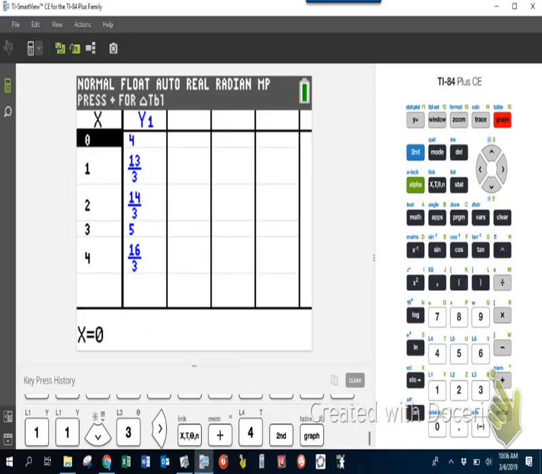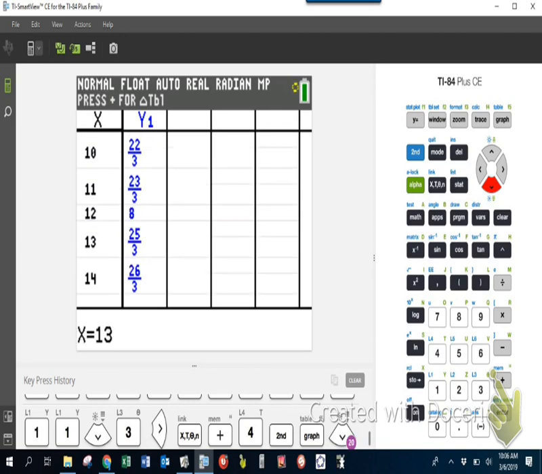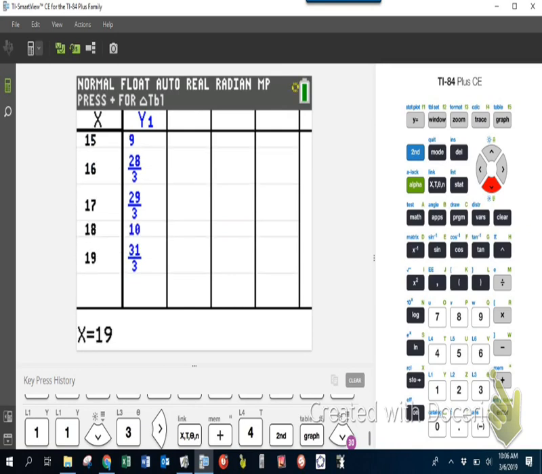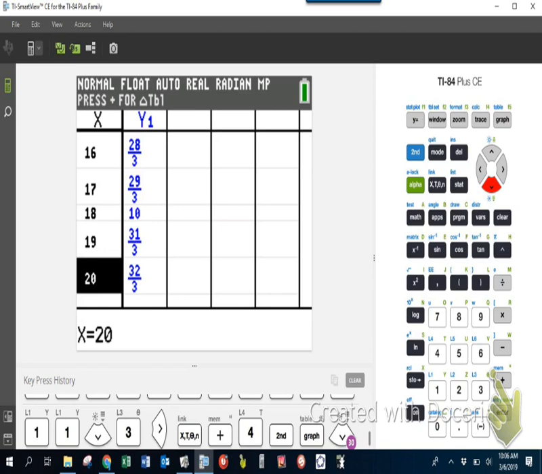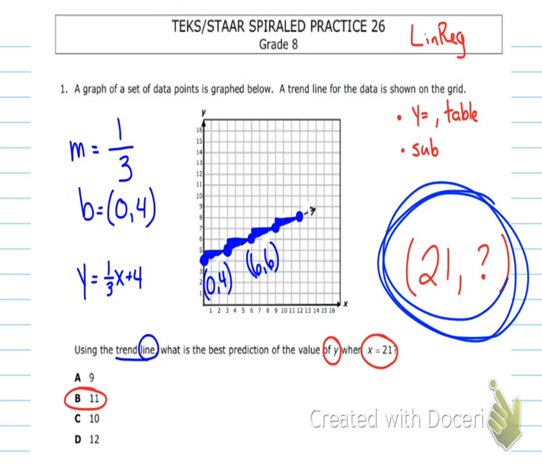So we want to put focus on our x, and I'm going to have to scroll down to find when x is 21. There's a faster way to do this, but for right now, this will get me there. This number's not too big. And when x is 21, y is 11. That's how I'm able to get to b.